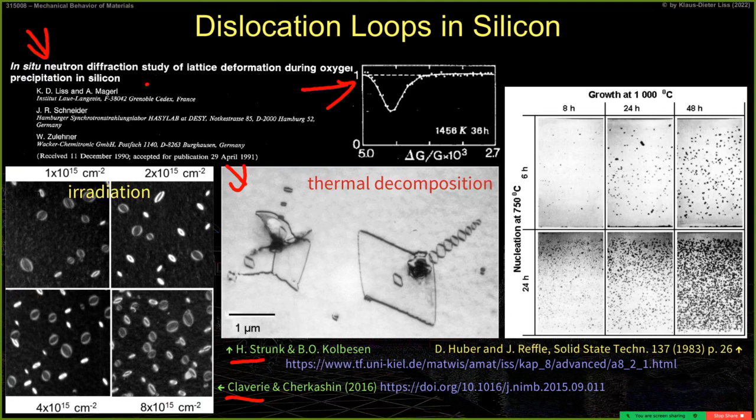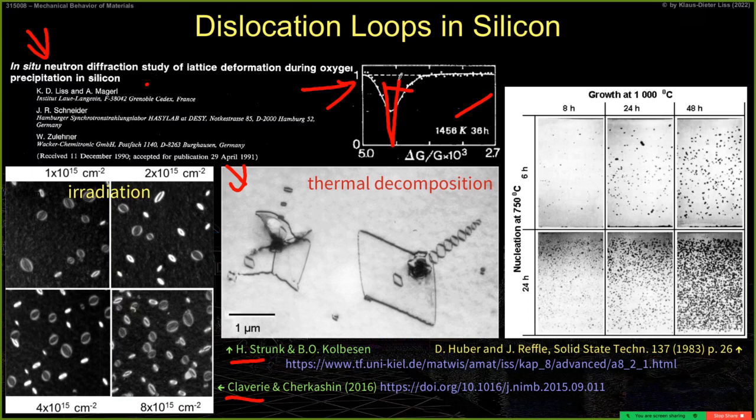When you heat it up again to some lower temperature, like 1458 Kelvin here for 36 hours, then we get very broad reflection curves. At the beginning we had very sharp reflection curves. So this is an upside down reflection curve.